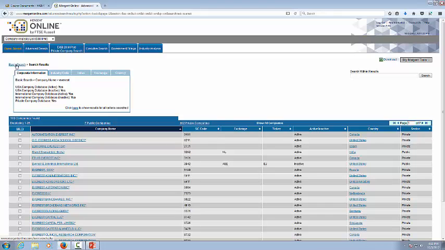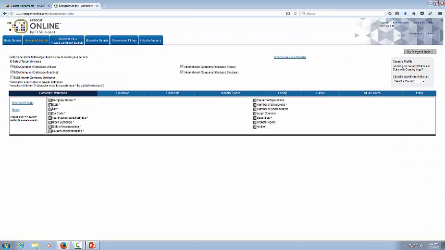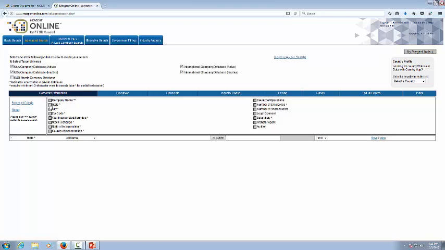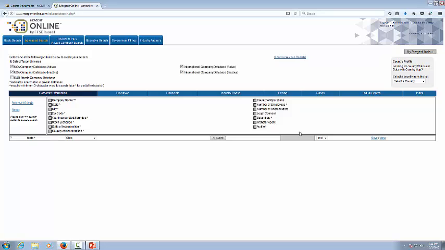In order to narrow down to just that Everest that we were looking at in the competitor profile, we go to advanced search and narrow down by state to just look at the state of Ohio.